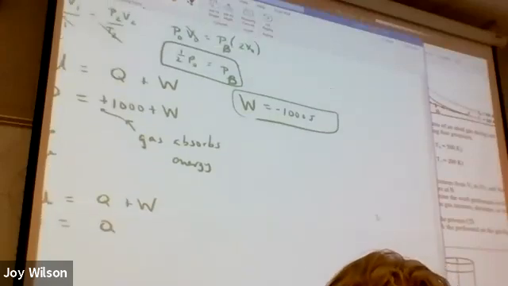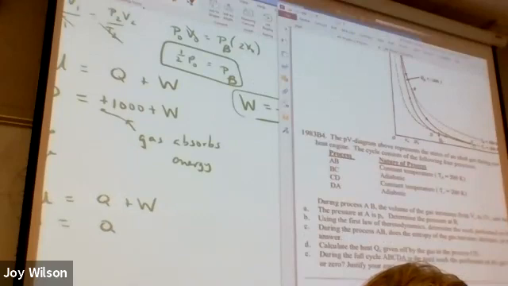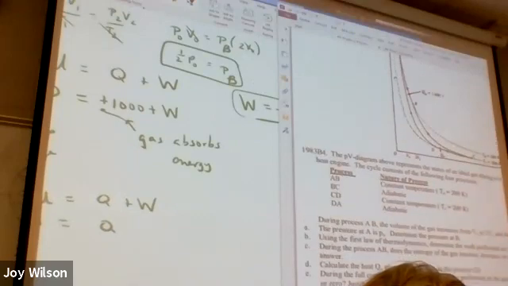Okay. So let me hang on just a second. Calculate the heat given off by the gas in the process C to D. C to D does not match A to B, so we can't just say, oh, it was 1,000 joules coming in, so now it's 1,000 joules going out. What are we going to have to do to figure that piece out?